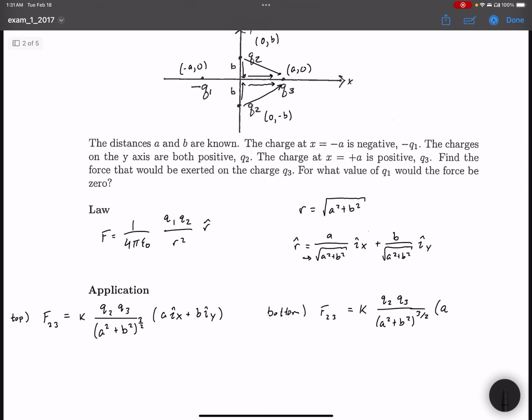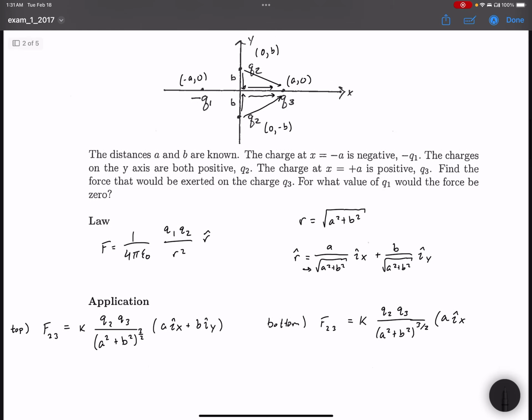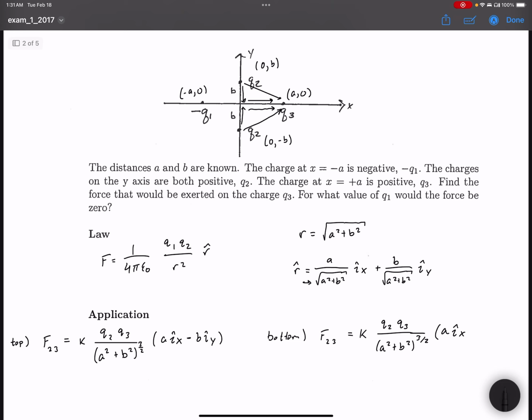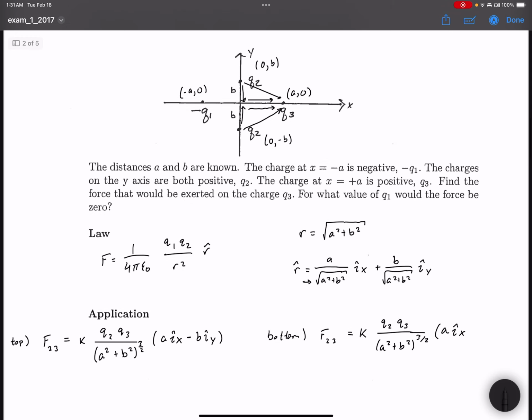We still have A i hat because it's still in the positive x direction, but the top charge would have a negative B j hat, because it's pointing down the negative y-axis. I apologize. The bottom charge is pointing up, so up the positive y-axis, and so that would be B j hat.